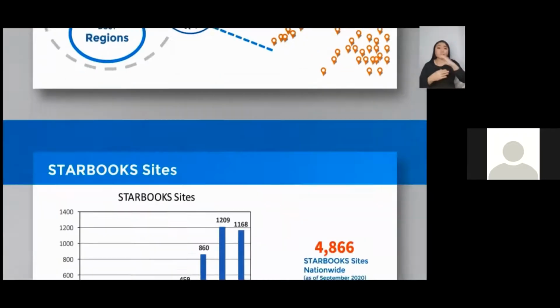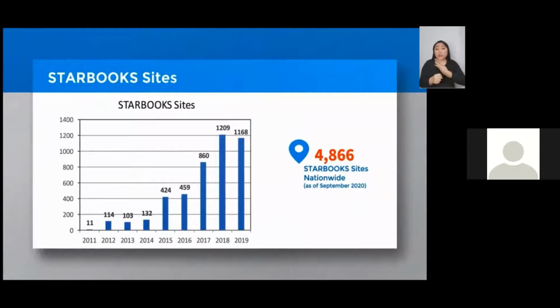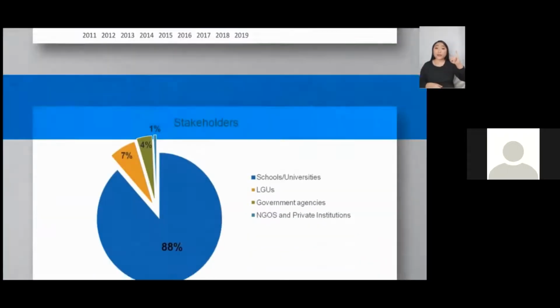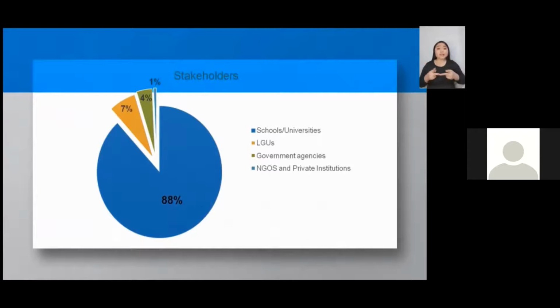And as of September po, meron na po tayong 4,866 site installations nationwide. Binubuo po ito. Karamihan pa rin is from our academic institutions such as schools and universities. We have also from LGUs, other government agencies, and private institutions.